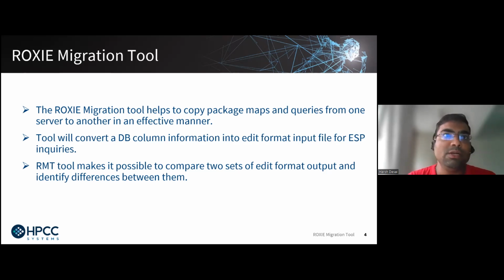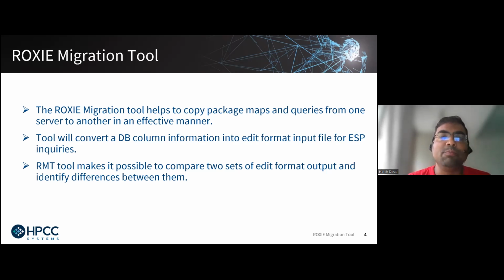Then we convert DB column information into an edit format, right? Why do we need that? That's probably the question that comes up. There are certain products which need an edit format to process via ESP. Once we have the information in a database, we need to convert it into a specific fixed line format, which is an edit format, and the tool does it automatically without any human error, right?